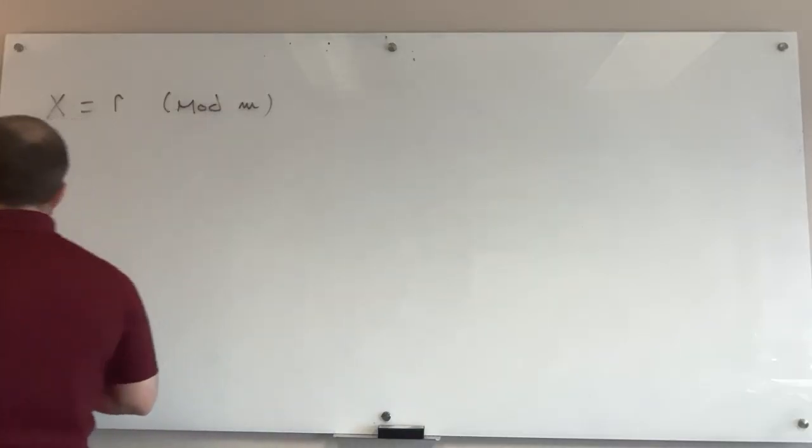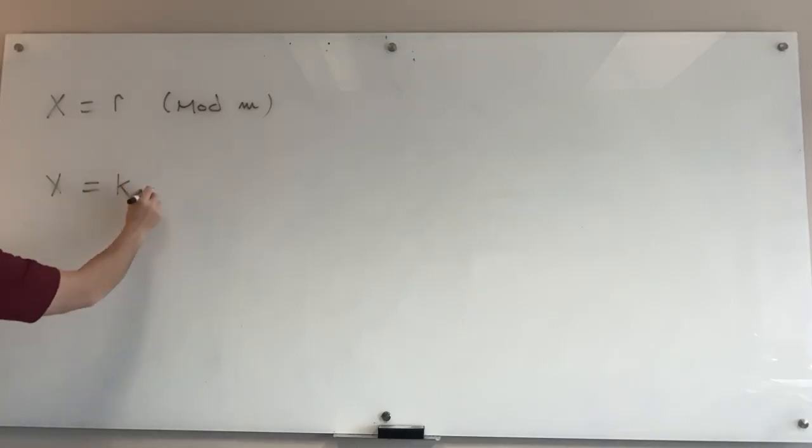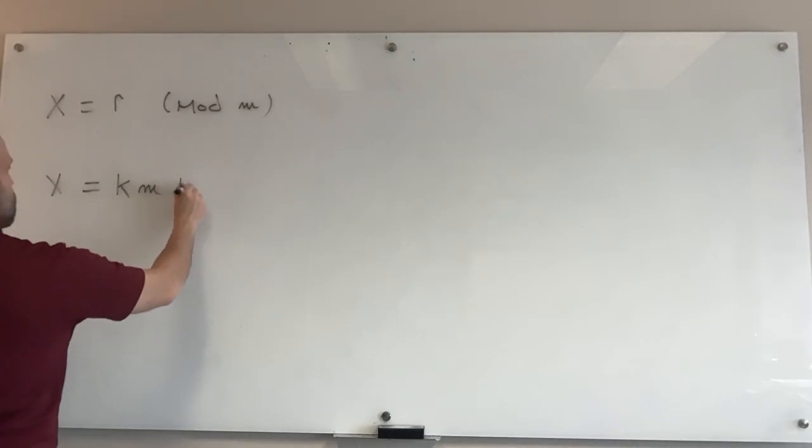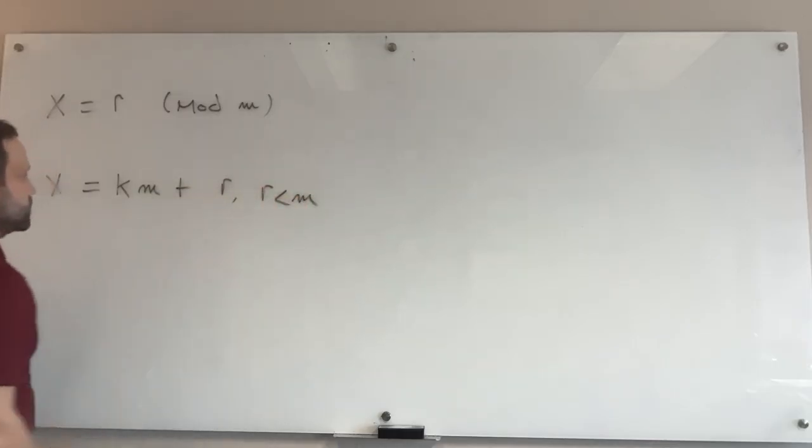Anyways, what the division algorithm says is that if you have two numbers, let's say x and m, then we can always write x as some integer k times m plus a remainder r, where r is less than m.